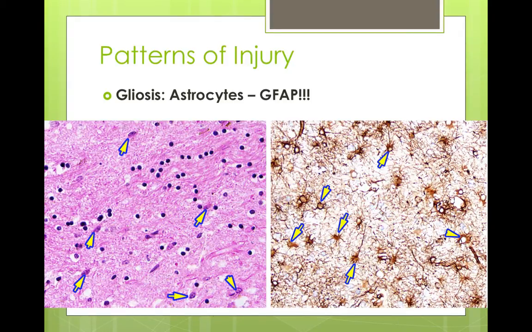Those glial cells grow into the free space and just fill it. That phenomenon is called gliosis. So gliosis is actually making a scar in the brain. That scar tissue is called gliosis, but it doesn't look like a scar at all.